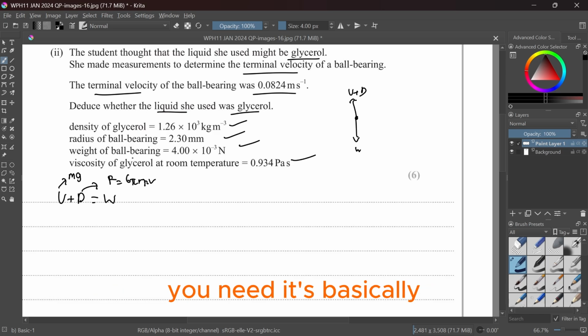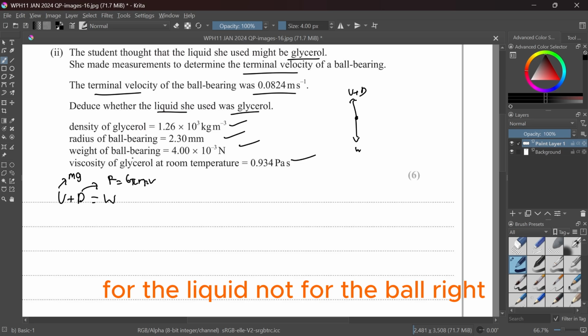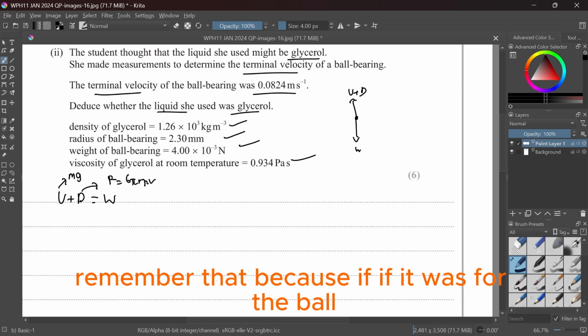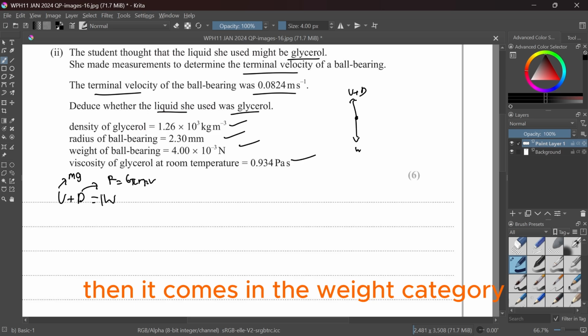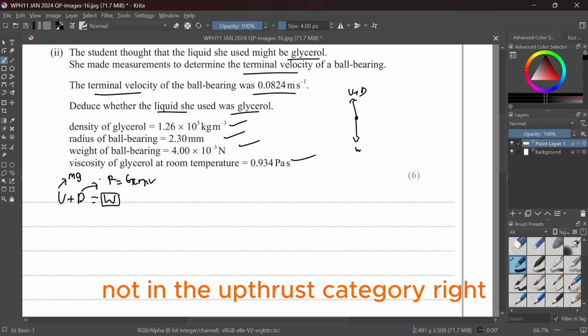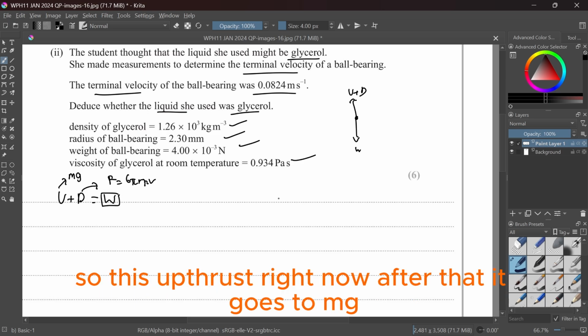You need it for the liquid displaced, not for the ball, right? Remember that, because if it was for the ball, then it comes in the weight category, not in the up thrust category, right? So up thrust is equal to mg.